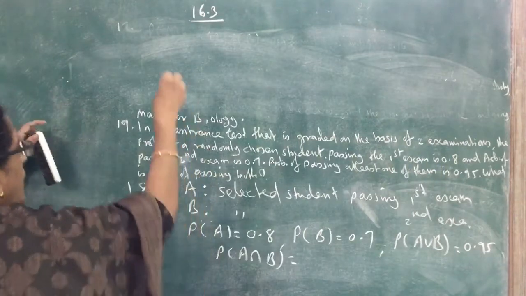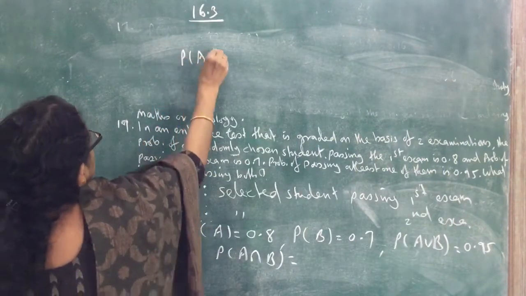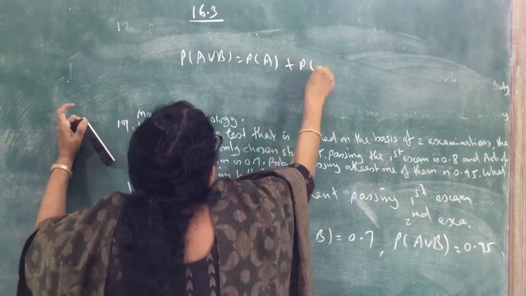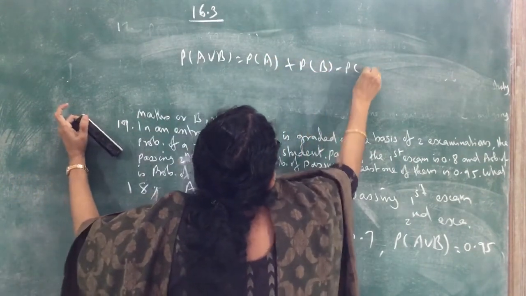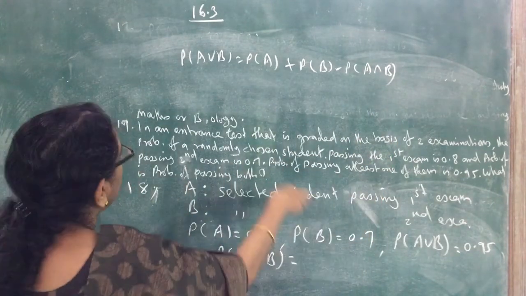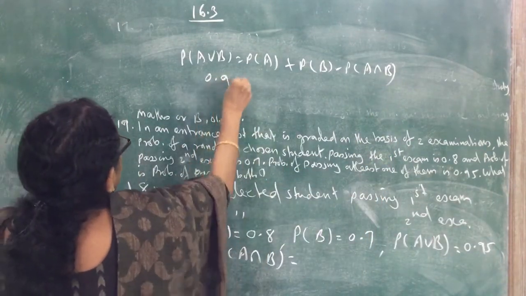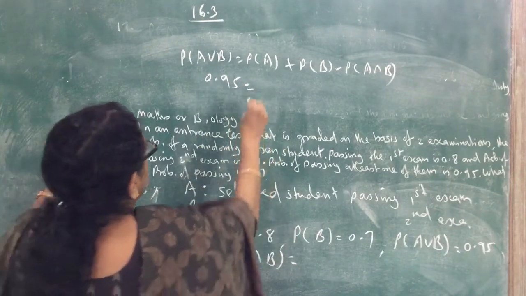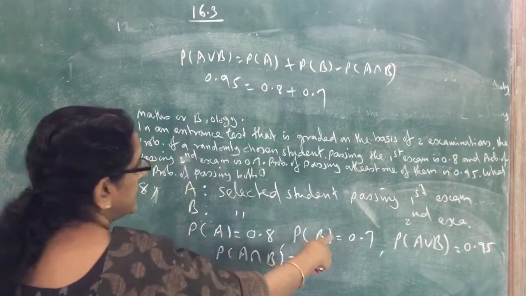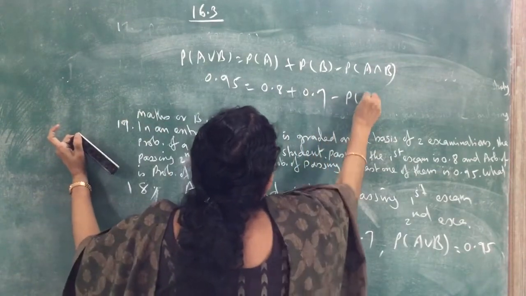The formula is probability of A union B equals probability of A plus probability of B minus probability of A intersection B. Now substitute the given values. Probability of A union B, 0.95, equals probability of A, 0.8, plus 0.7 minus probability of A intersection B.